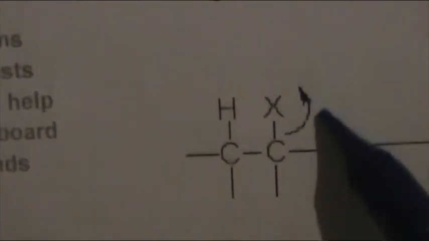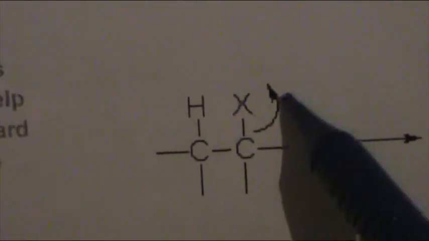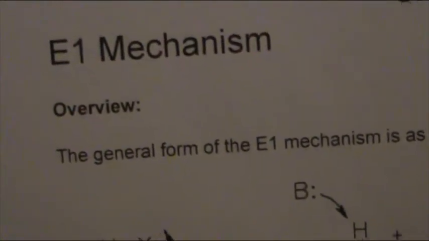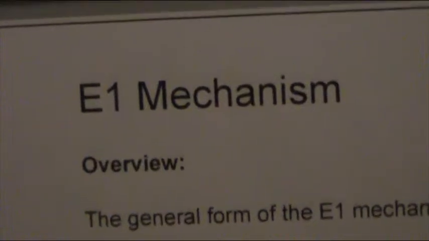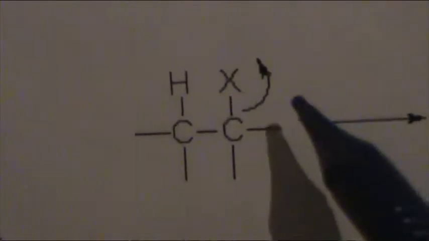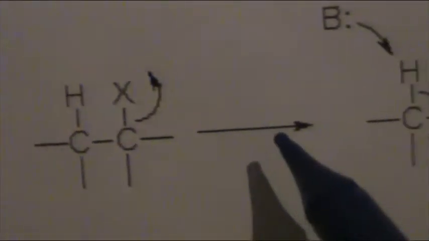The halogen just leaves. The halogen is the leaving group. We're talking about the E1 mechanism, and what happened in it? The first thing is the halogen leaves.